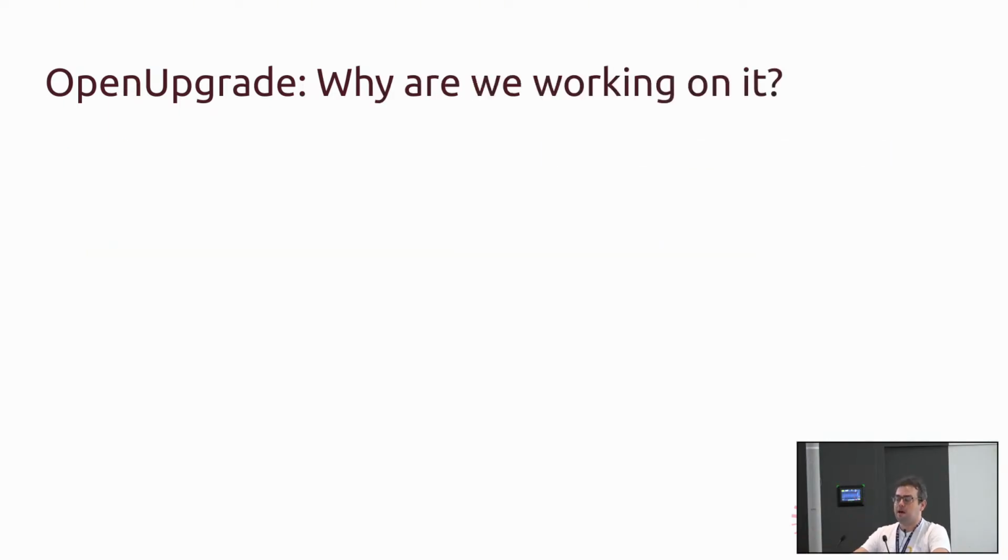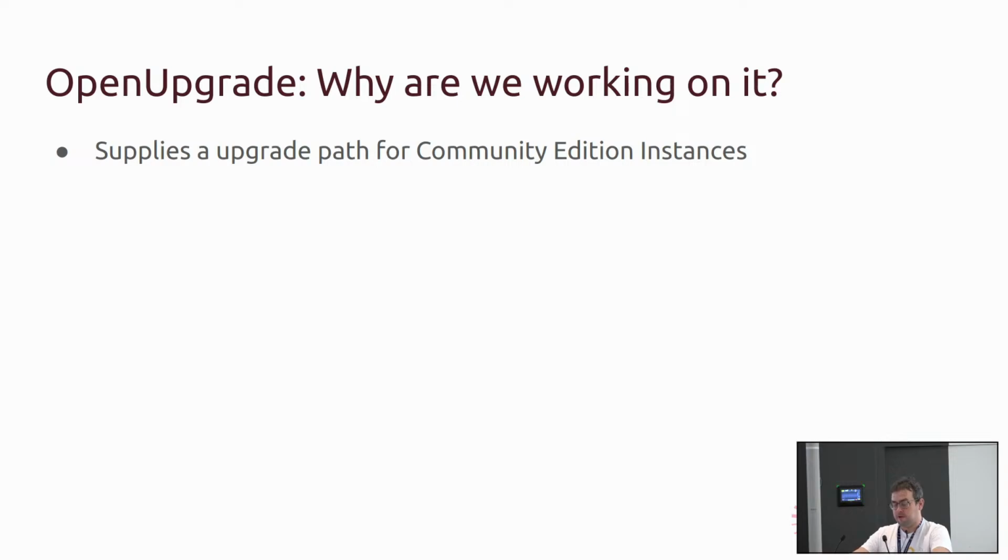So why are we working on it? First reason, it supplies Community Edition instances with an upgrade path. For example, if a customer for some reason doesn't choose Enterprise Edition, without OpenUpgrade they cannot migrate. The only option they can find is to extract all the data and try to upload it later on a newer version.